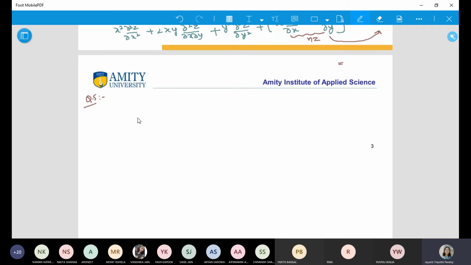Now write next question. If u is equal to, I'm writing the question here to save space. Ma'am, now it is visible. Thank you. Okay, beta. Suppose you have u equal to tan inverse of (x³ plus y³) upon (x minus y).